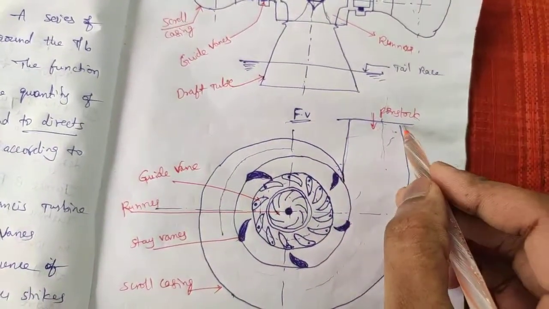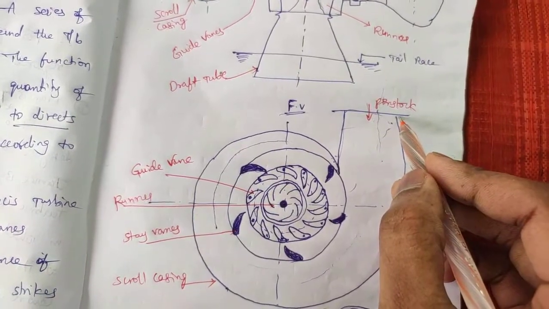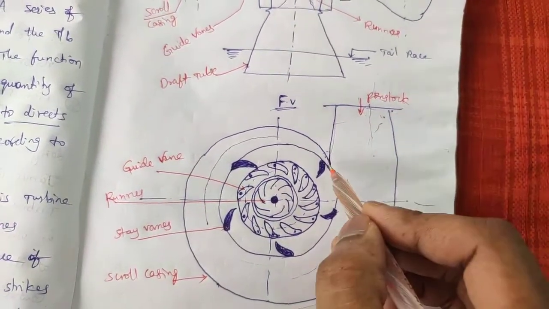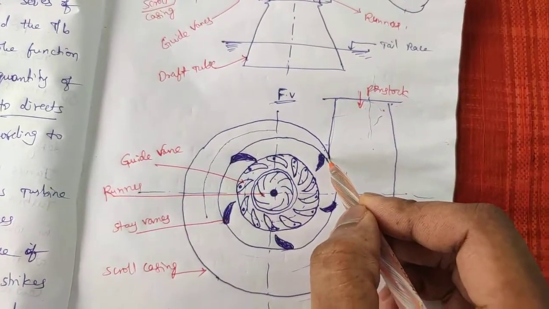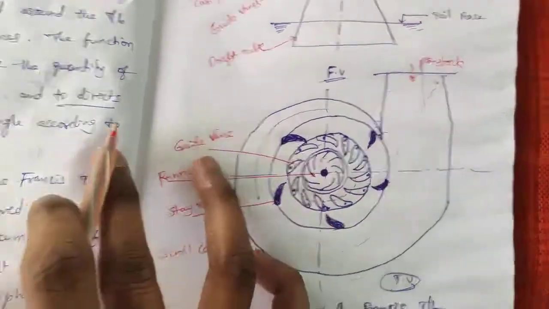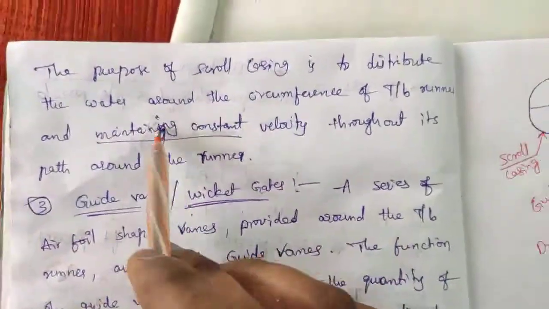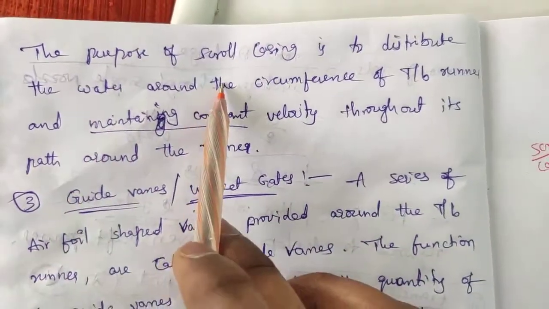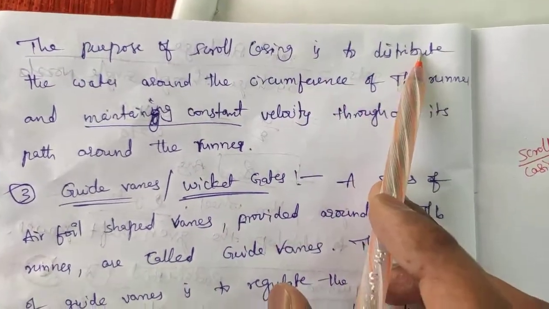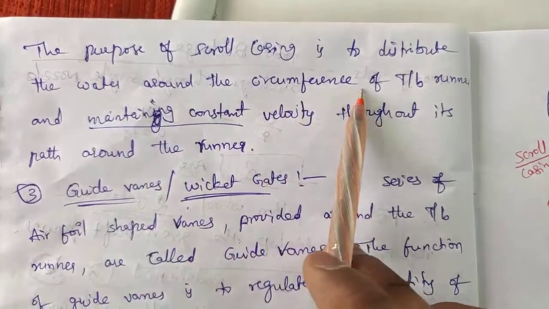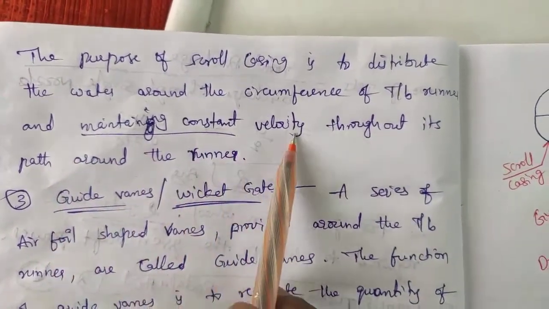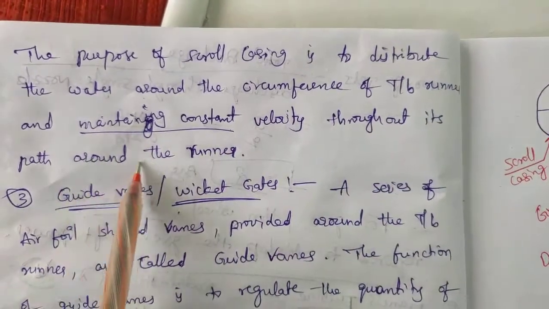At the inlet of the casing, the size of the diameter is maximum, and at the exit of the casing, the cross-sectional area is minimum. That means almost zero. So what is the purpose of the scroll casing? The purpose of the scroll casing is to distribute the water around the circumference of the turbine runner and maintain the constant velocity throughout its path around the runner.